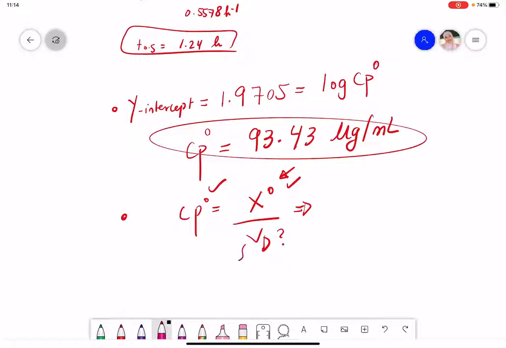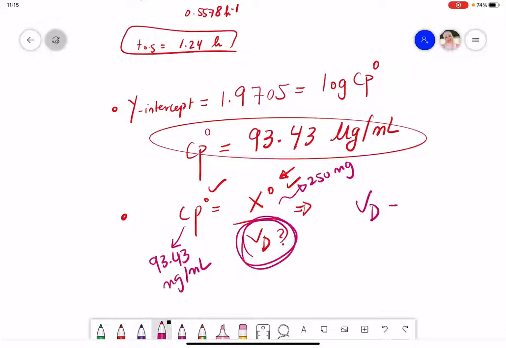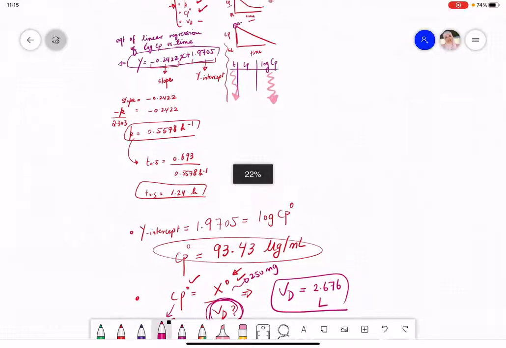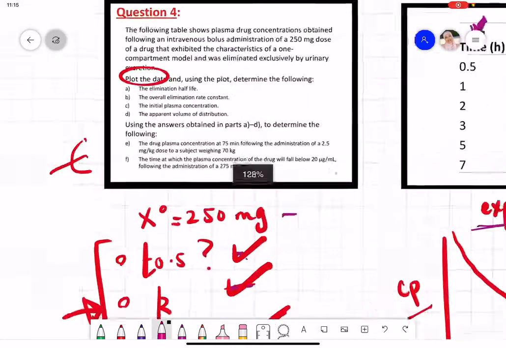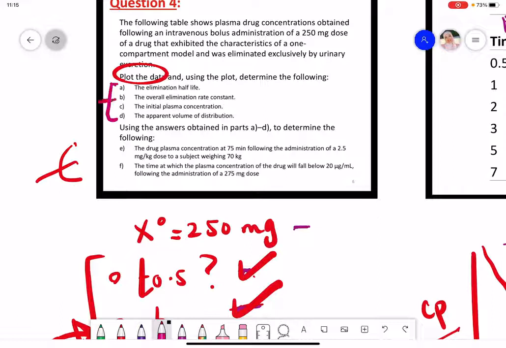If you have this as 250 milligram, and you have this 93.43 microgram per milliliter, you can determine this, and you will have VD that is equal to 2.676 liter, okay? And by this, we finished the main requirement here from A to D in the question that we have, which is number 4.